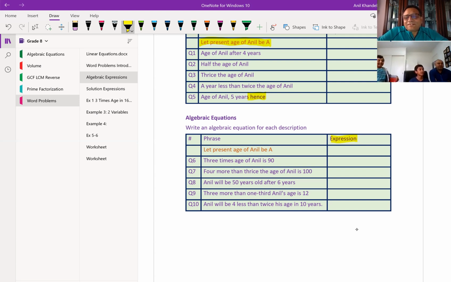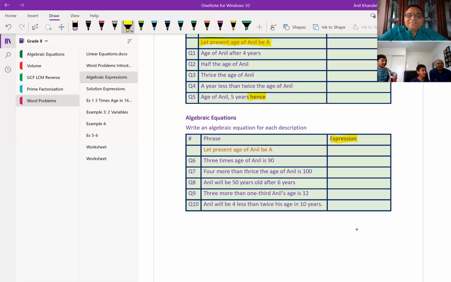A plus 10 equals 4 minus 2A. No, twice Anil's age will come first, so 2A minus 4. Devansh, can you tell me the answer?